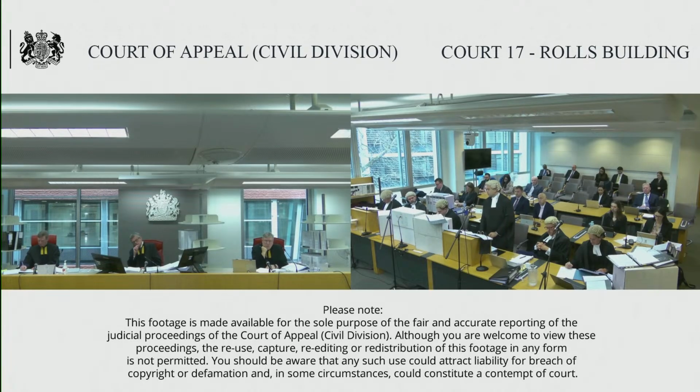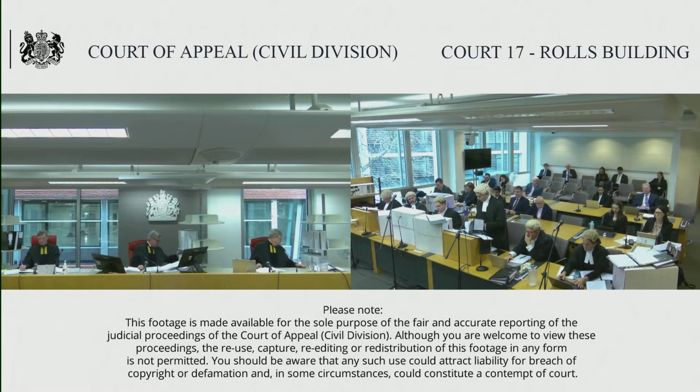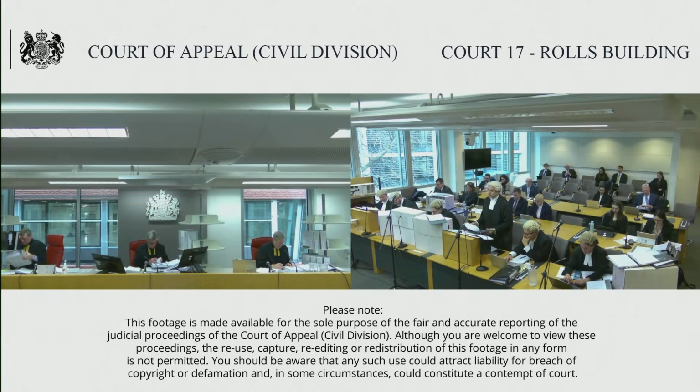Unless, so if I would just briefly show you in the Authorities Bundle 3, tab 49, not tab 49, tab 40, page 1060, so I think it's right at the end of that tab.